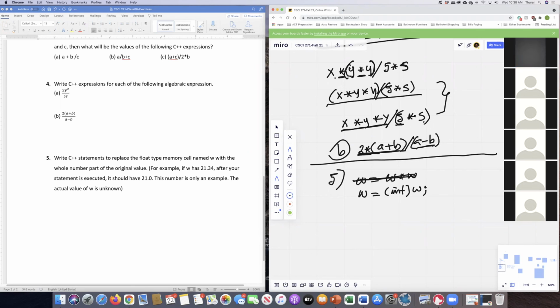What this does is it will convert W to int. So when you convert W to int, you're losing the fractional part altogether. If the number in W is 21.34, now you have a 21. And then when you assign it to W, it'll become 21.0 because W is float.